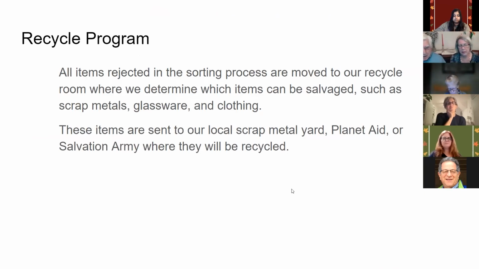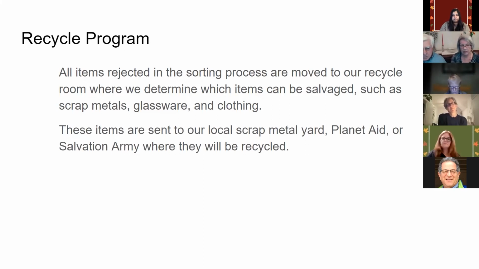So we try to be very select, but when we can't use an item, we do move it to a recycling room and decide what can be salvaged out of it, for example wires or copper or any metals.